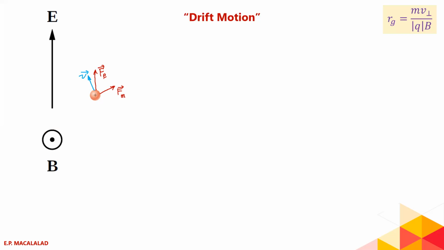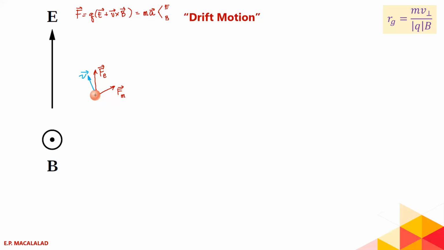Because we have two forces, these two forces will have an effect on your charge. By Newton's second law of motion, force, which is equal to Q times E plus V cross B, is equal to ma. In this case we have two accelerations, one due to the electric field and the other due to the magnetic field.